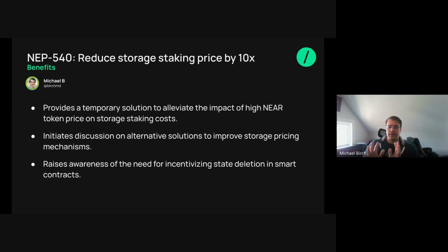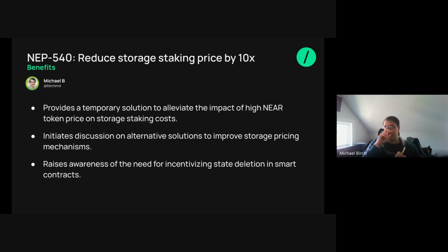Storage staking, there's been a lot of discussion about, and we all agree it's not working as intended, but we don't necessarily agree on what mechanism should replace it. So there's still a lot of discussion about that. This proposal specifically was about, can we, as a stopgap measure, reduce that minimum amount of Near that's required on accounts on a per byte basis just to unblock development?